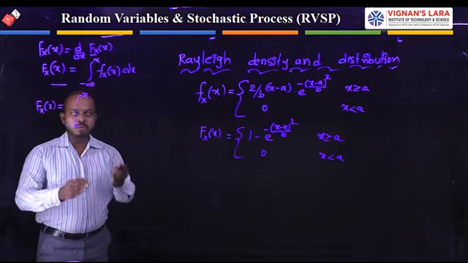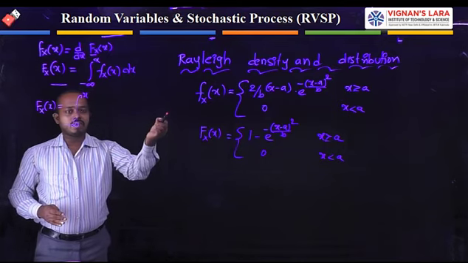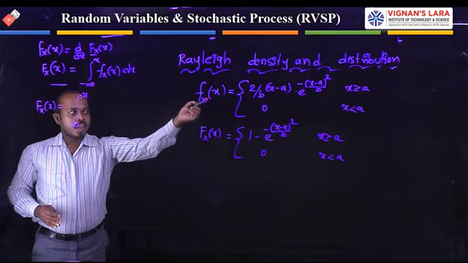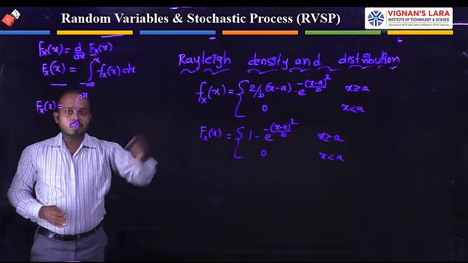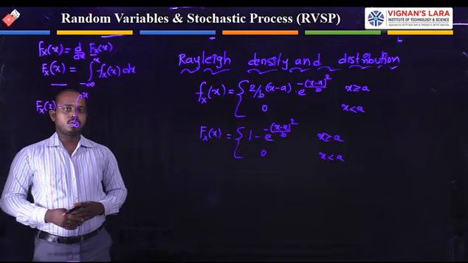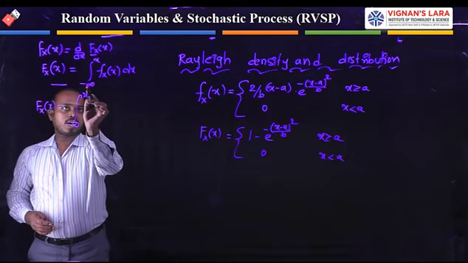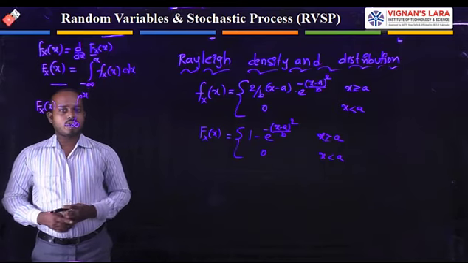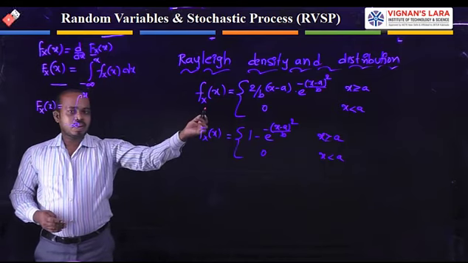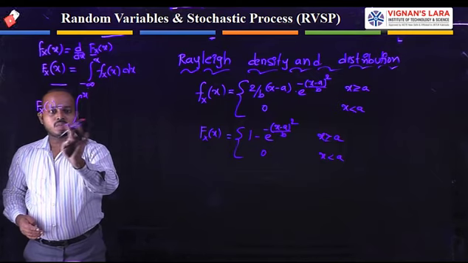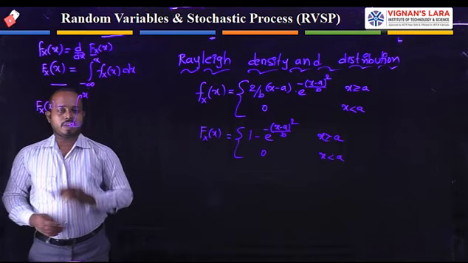Generally the limits are minus infinity to x, but here, according to our limitation, the least value is small a. That's why I am writing small a to x.